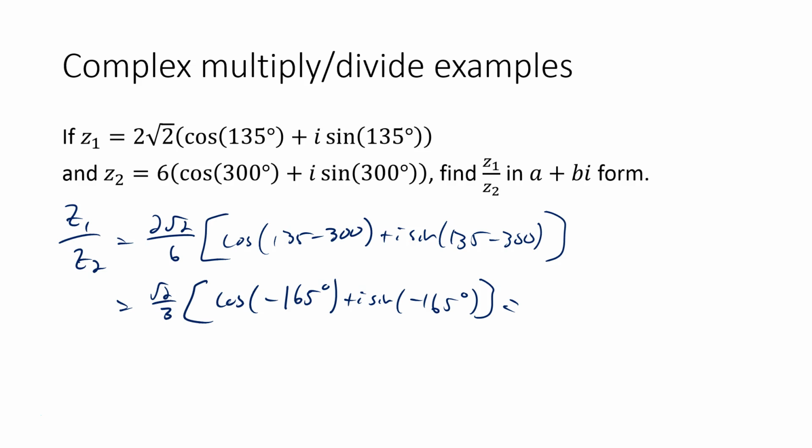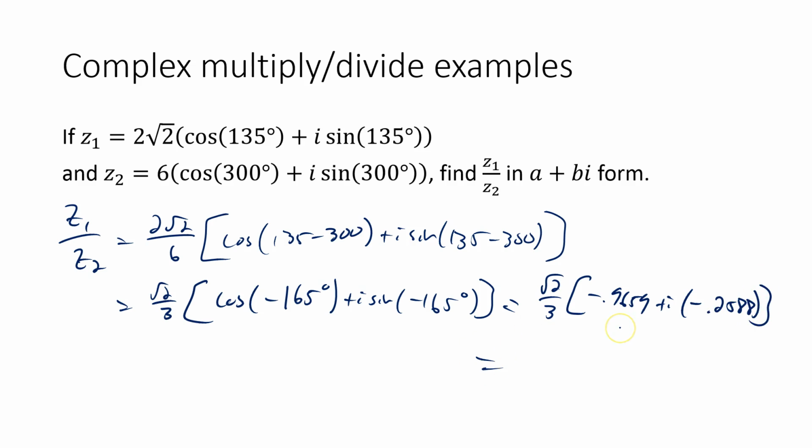So cosine of negative 165, and that's root 2 over 3 times negative 0.9659 plus I times sine of negative 165 gives me negative 0.2588.